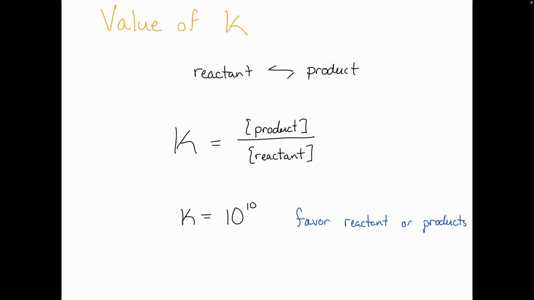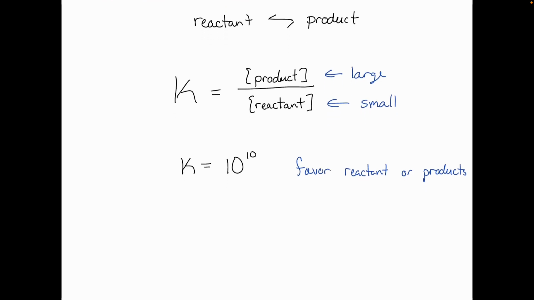So if K is some huge value, like 10 to the 10, that means that this number is really big and that this number is really small, right? So a large value for K would be a reaction that favors the products. Okay, a reaction that goes very close to completion. So this would favor the products.